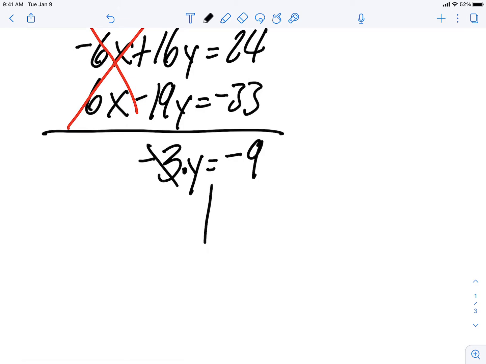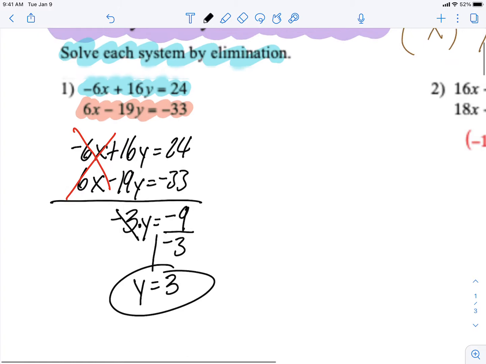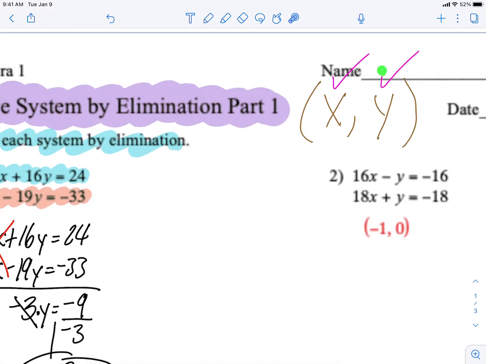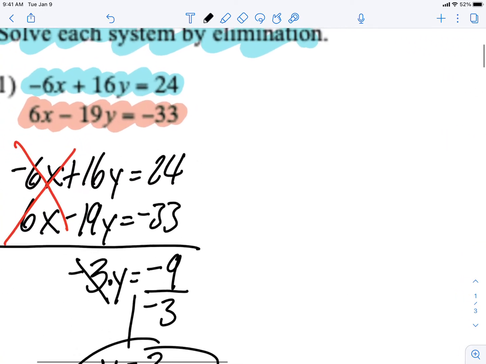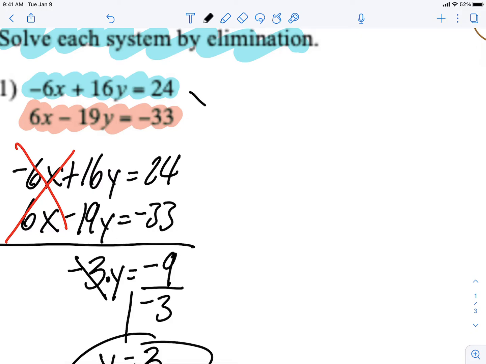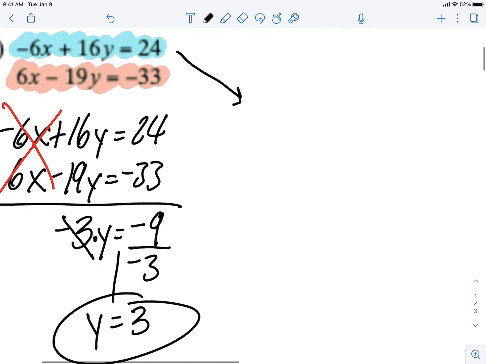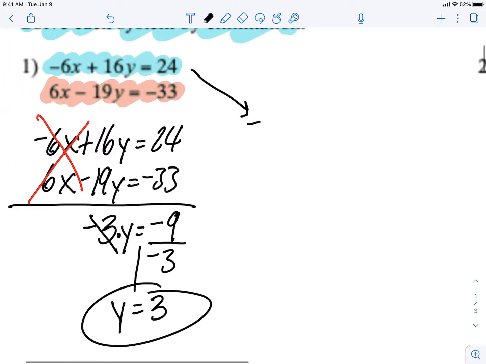The opposite of multiplying by negative 3 is dividing by negative 3, and I get y is equal to positive 3. There's my y. Good. Now I need to find x. I pick my favorite between these two, and I'm always going to go blue over red, but if you want to go red over blue, that's no problem.